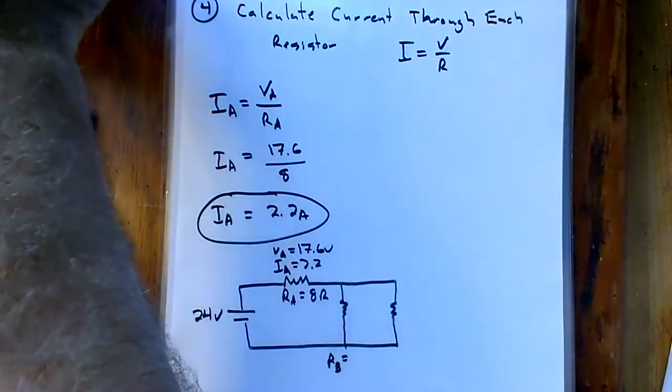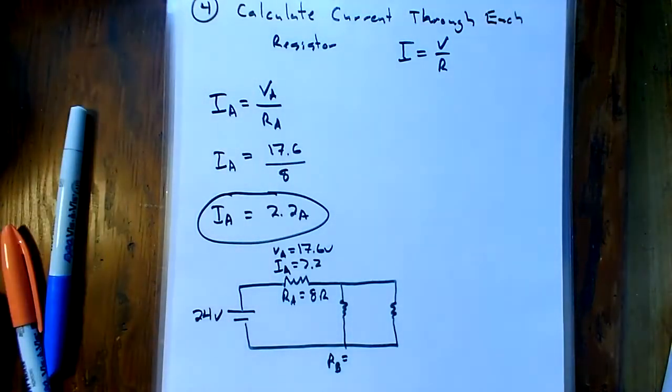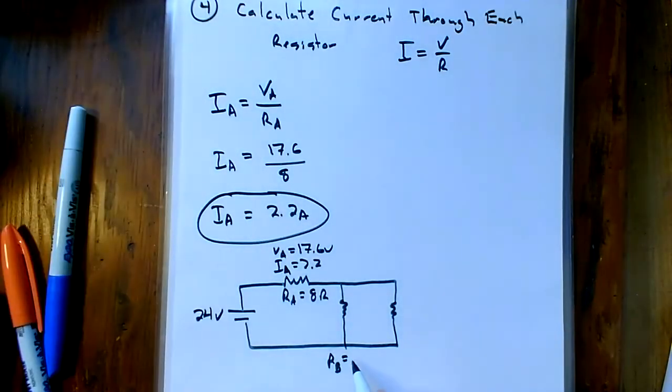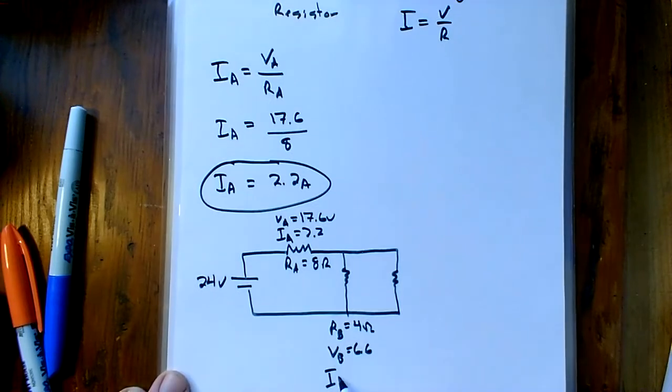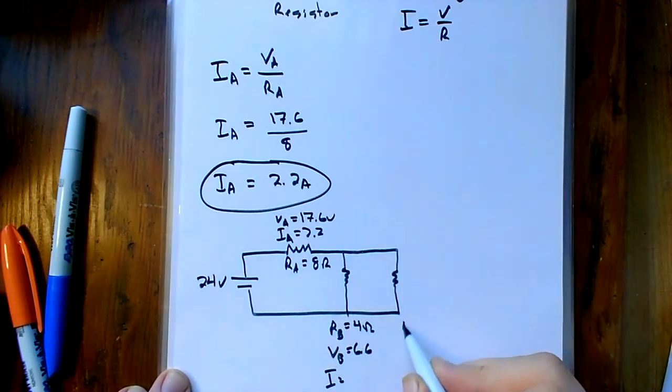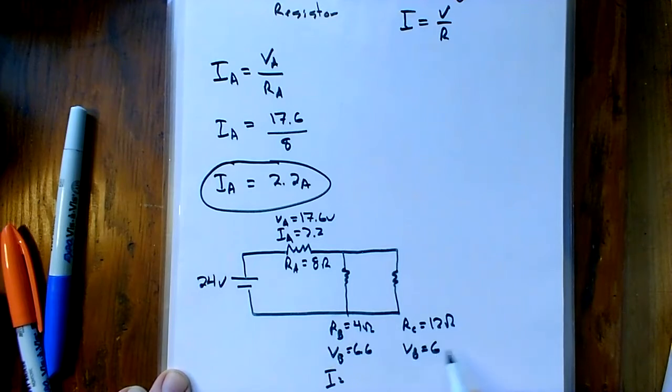Okay, for resistance B, our resistance in B was 4 ohms. Our voltage drop was 6.6. So we can figure out our current from that. Same thing with our resistance C. This was 12 ohms, and that voltage drop was 6.6 volts.